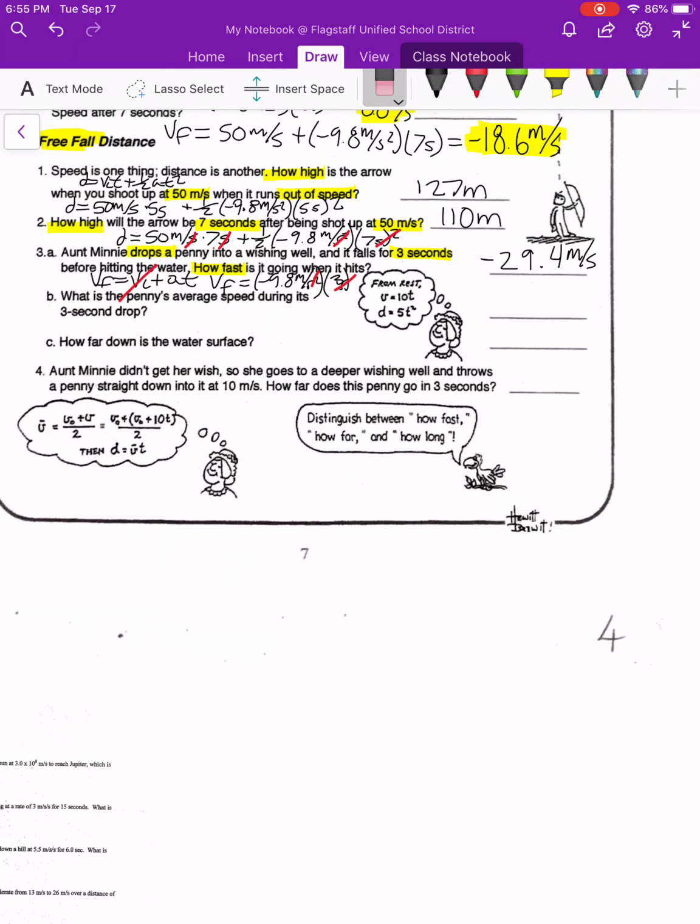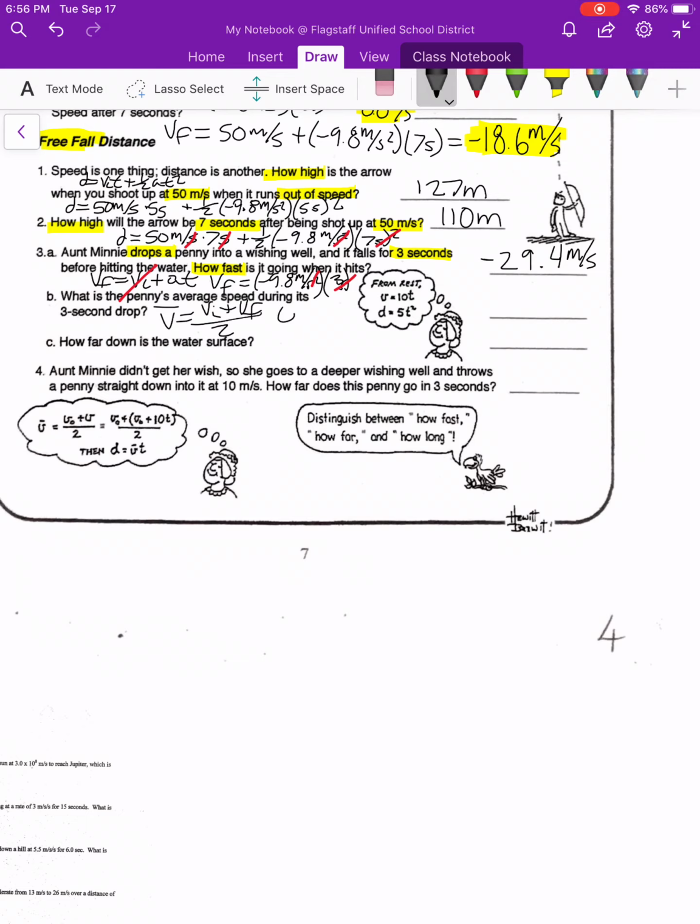Okay, part B. What is a penny's average speed during the 3-second drop? Well, to average, I need my V initial, right? This should be in your equations. V average should equal my V initial plus my V final divided by 2.